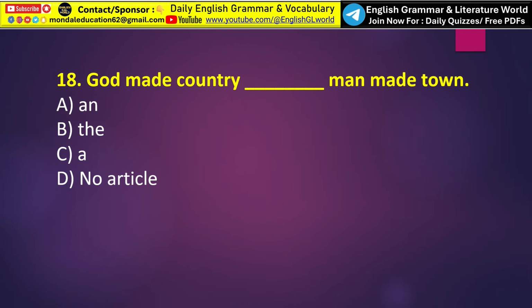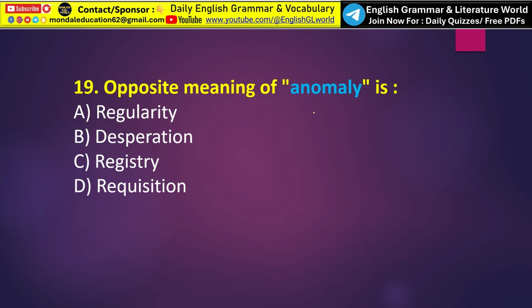Okay, next. God made country dash made dash man made town. So this is a proverb. So here no article is used. Understand? So God made the country, man made the town. Next. Opposite meaning of the word anomaly.